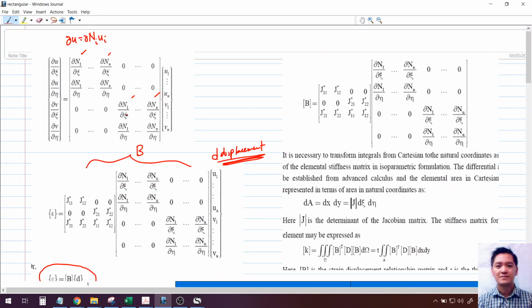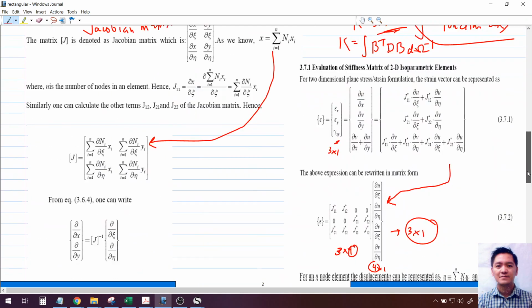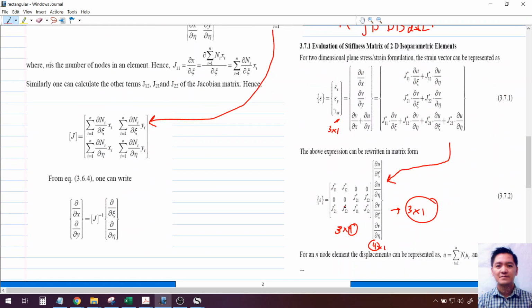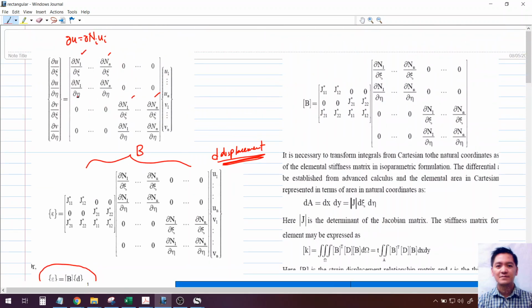Okay, so balikan natin, no? So from here, strain is this na nanggaling dito. Okay. But this one, du dc, yung mga yan, is this. Okay.